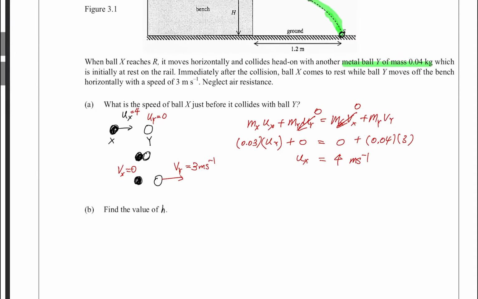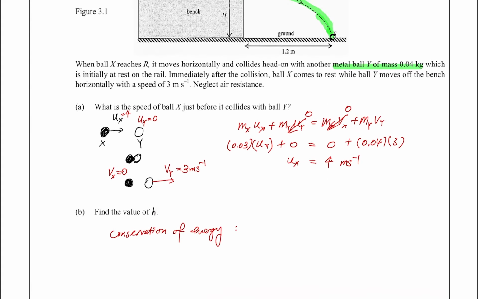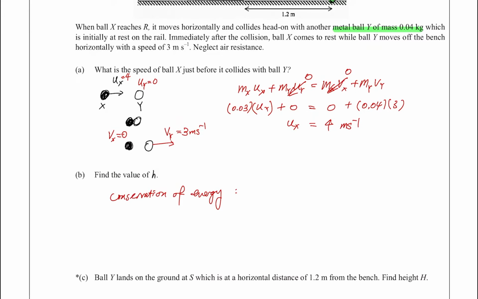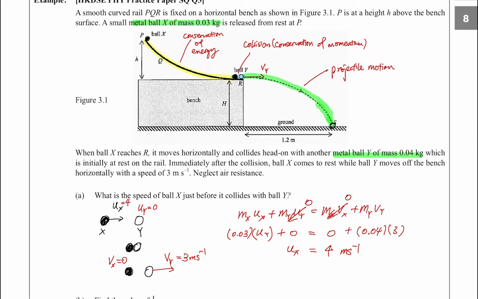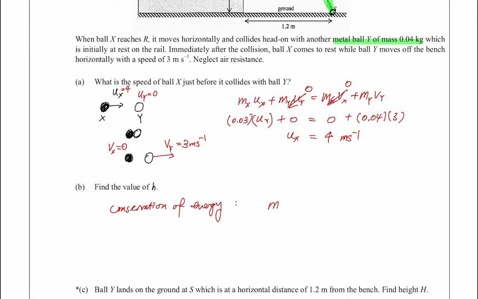So here we apply the principle of conservation of energy. Originally, when ball X is at the highest point, point P, we would have PE of mgh.